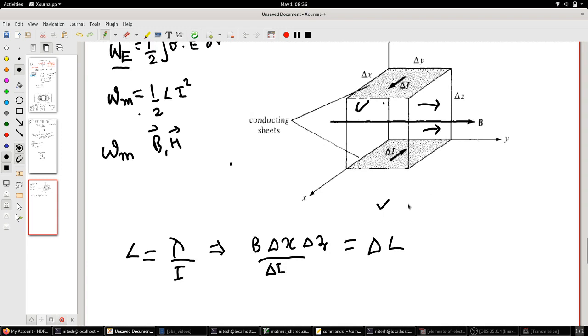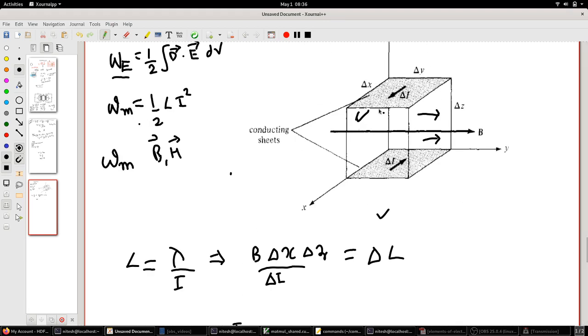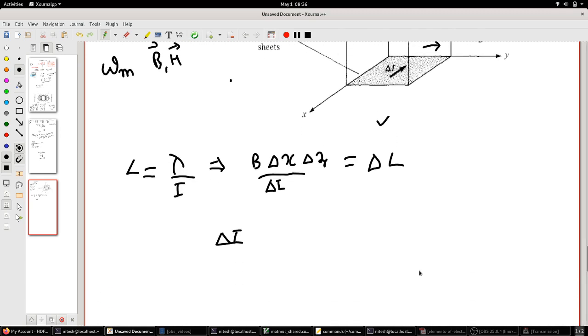Now we know that delta I over this particular sheet will be equal to H into the length, in the direction in which B or H is flowing.